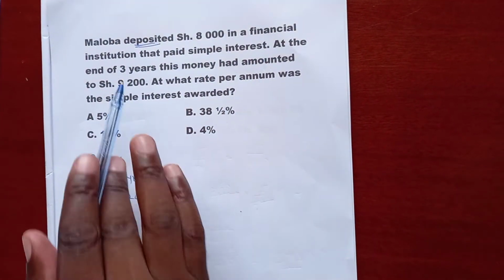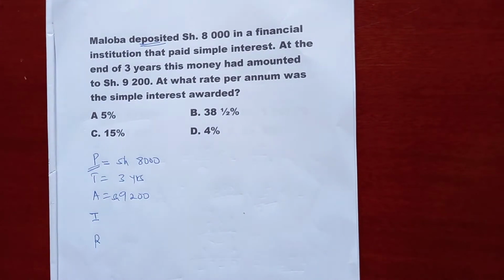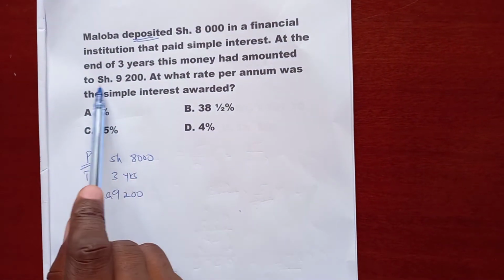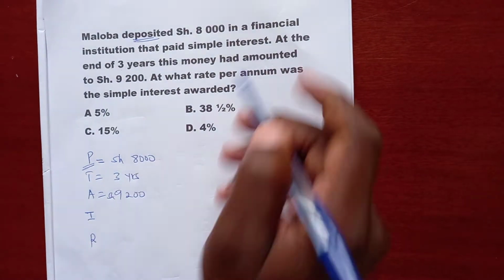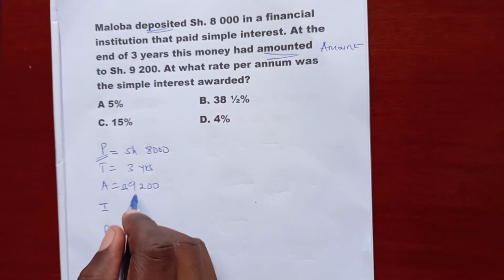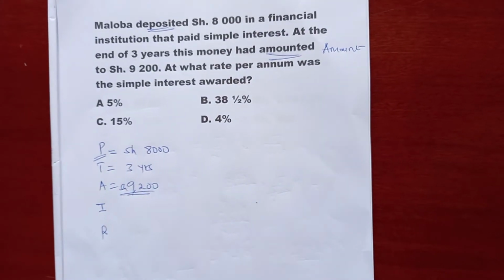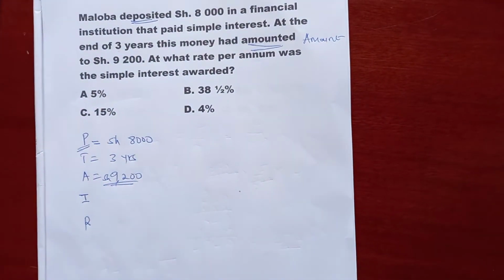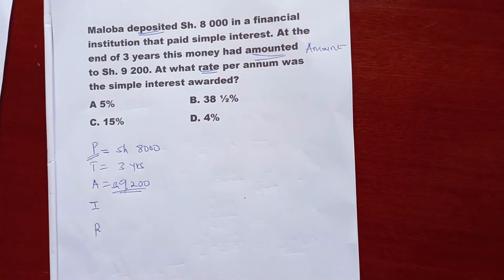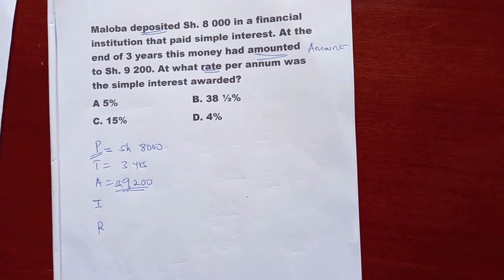We have the duration, time, 3 years. At the end of 3 years, we are told that this money had amounted to shillings 9,200. Amounted represents the amount. So our amount is shillings 9,200. What rate, that is a percentage, per annum was the simple interest awarded?